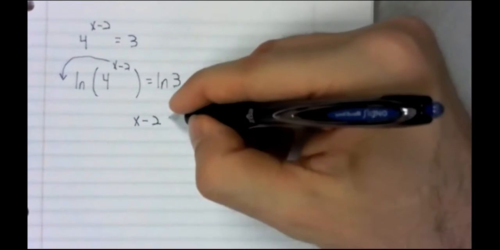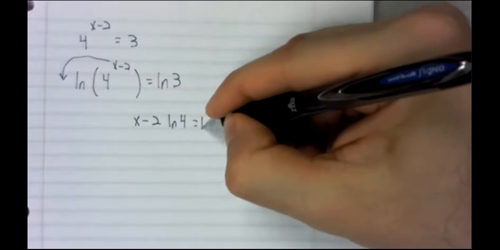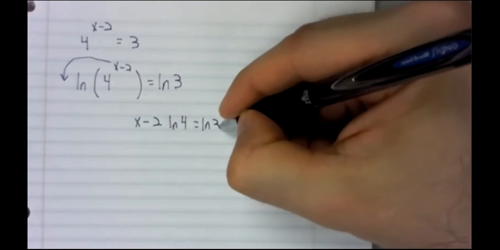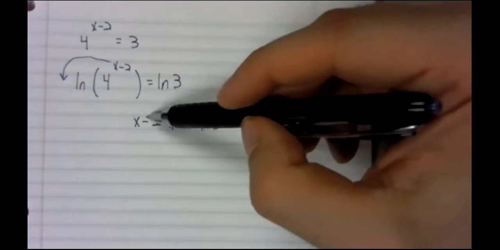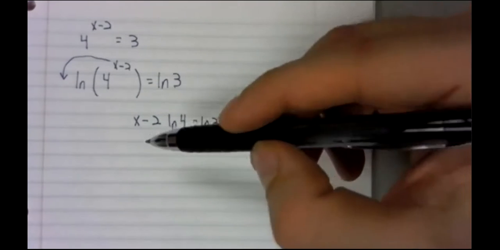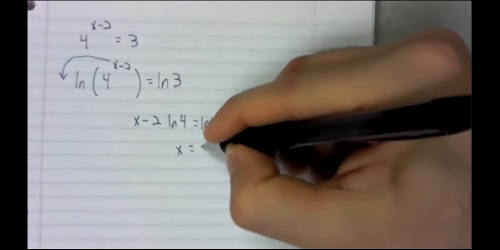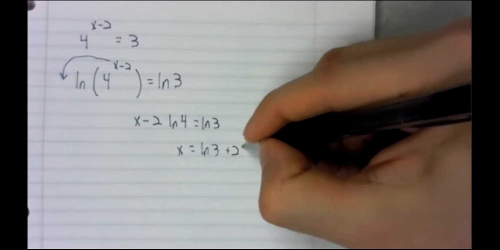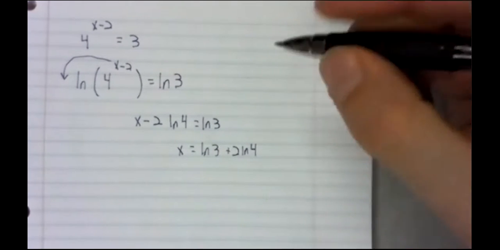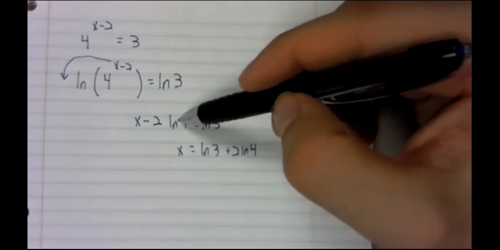Bring the exponent down like so. So the exponent is in front. Then we have subtraction. Let's add this to both sides. But as I say, this is a mistake.